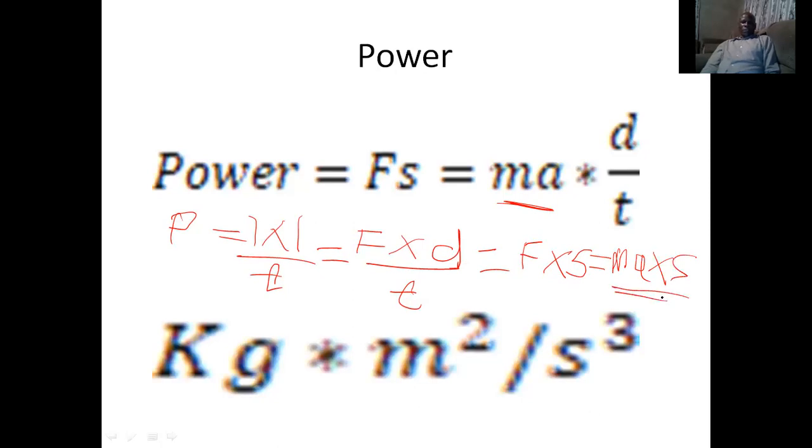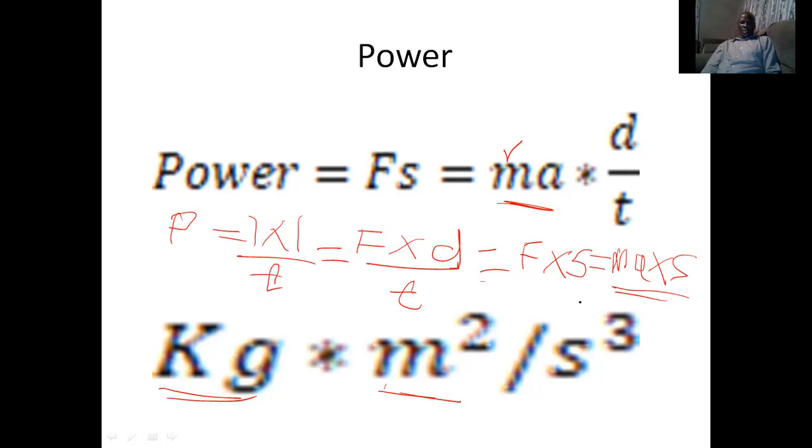Okay, and so you notice that when we express power in this form, the mass here will be in kilograms, and the acceleration will be in meters per second squared, and the distance, which comes from the speed, distance over time, will multiply to give us meter squared.